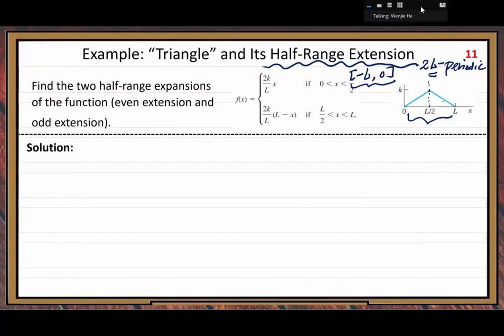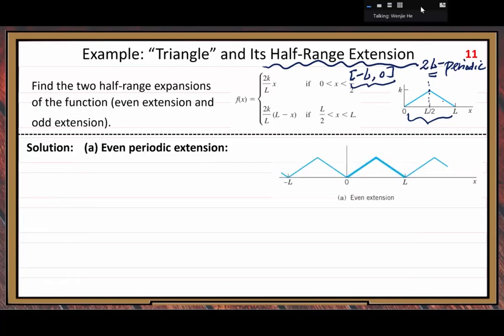All right. Now, let's calculate the Fourier series formula for these two half-range extensions. The first one, even periodic extension. It's an even function, so we need to use the even function formula, and 2 pi periodic.